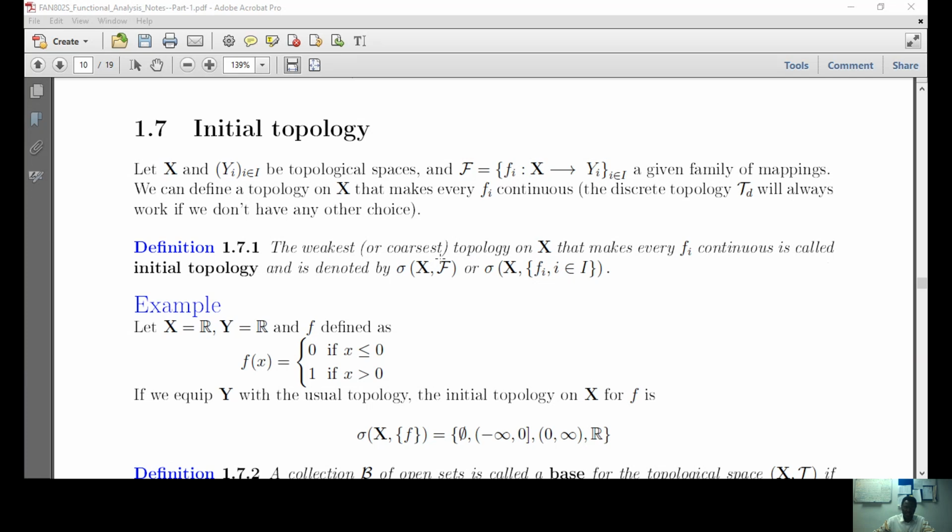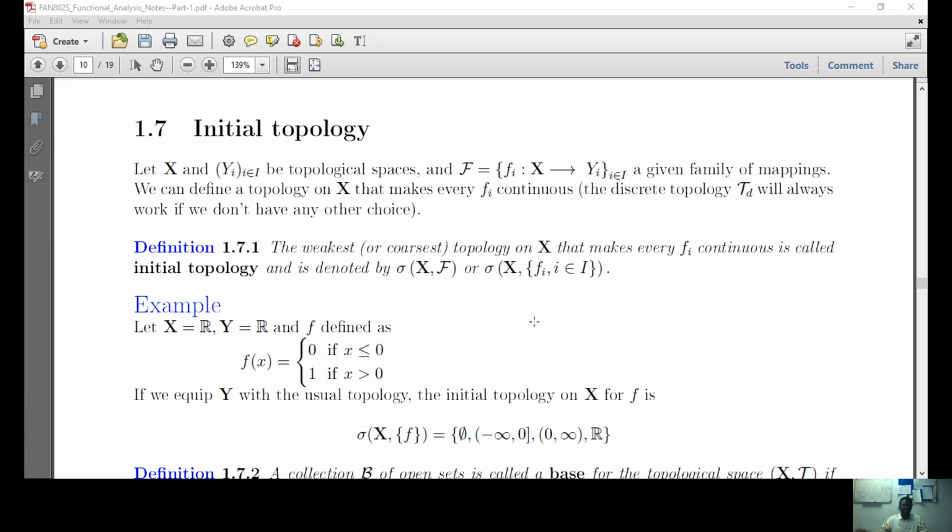That is the smallest topology, or we can say generated by, but that's not exactly the idea.